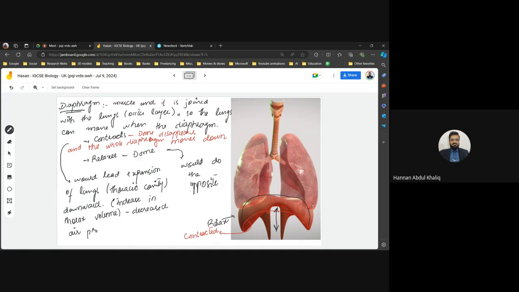That is basically the theme. And all the things would happen in the opposite direction when the diaphragm relaxes.